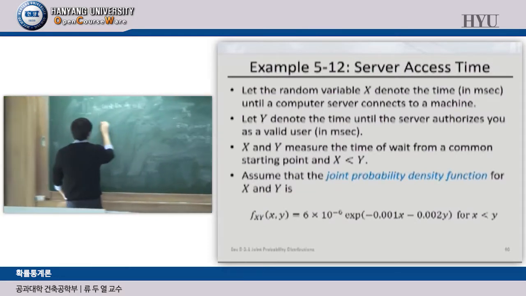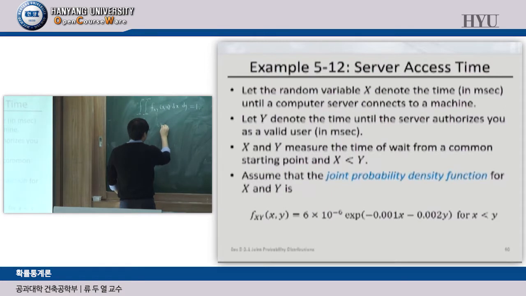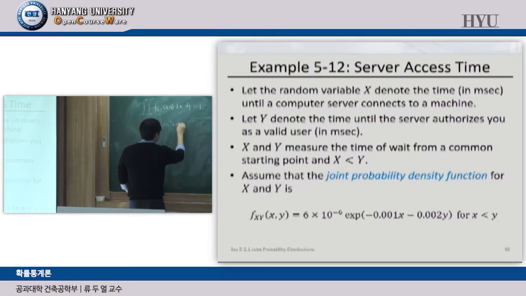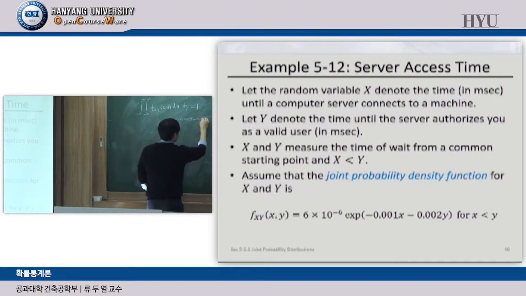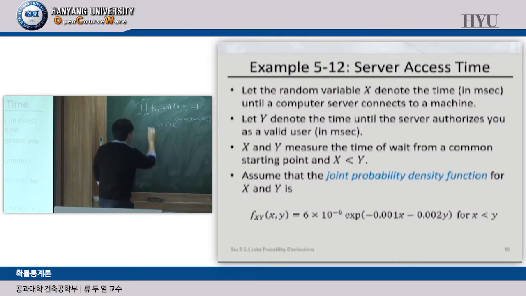And we have 6 times 10 to the minus 6 power times exponential of minus 0.001x minus 0.002y. Okay? And we have to provide a double integration here.